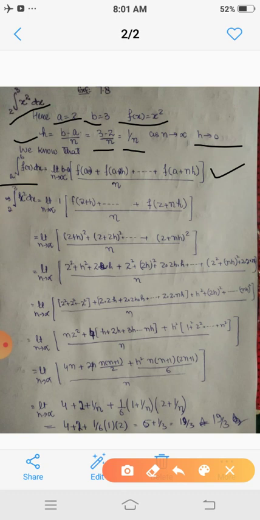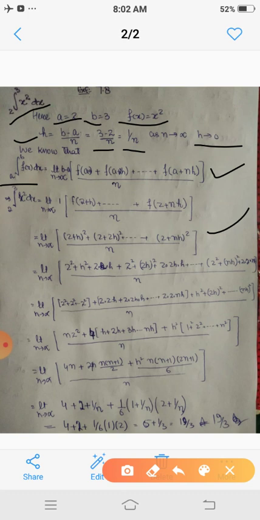Now f of x is x square, which implies that f of 2 plus h equals 2 plus h whole square. Similarly, f of 2 plus 2h is 2 plus 2h whole square, and so on to f of 2 plus nh, which is 2 plus nh whole square.